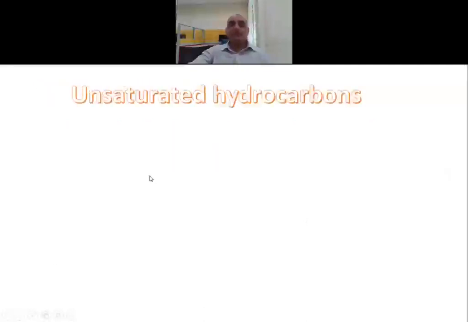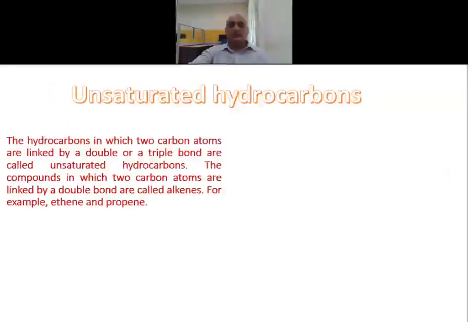Now we move to the unsaturated hydrocarbons. If in the hydrocarbon, in between carbon to carbon, there is a double or a triple covalent bond, then the compound is called an unsaturated hydrocarbon.